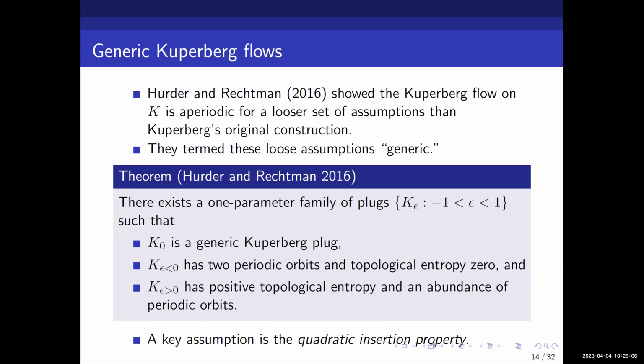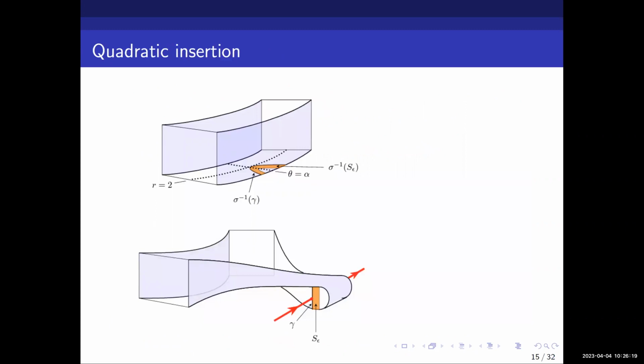Okay, one thing that they couldn't make too loose of an assumption about is the insertion maps. So the insertion maps are the shape of the maps. Also, I'll show you a picture here. The shape of the maps that are being stuck into the plug to break those periodic orbits.